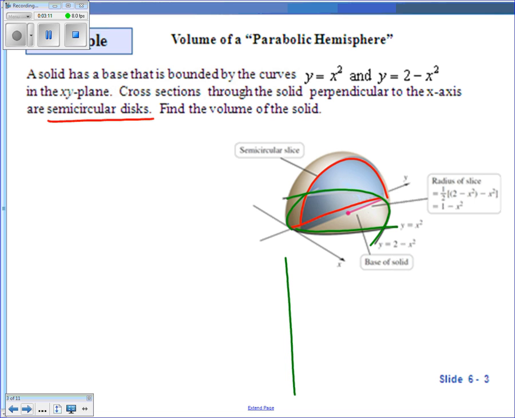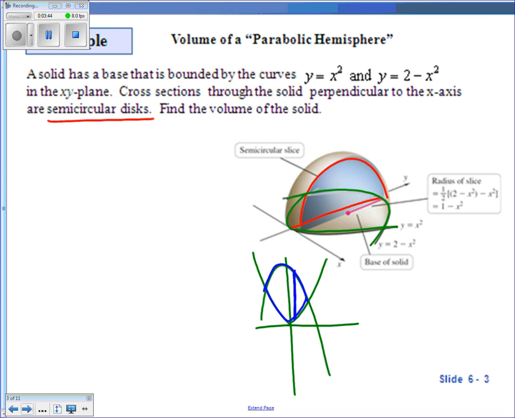So let me draw those a little bit so I can see it a little better here. Y equal x squared and 2 minus x squared. Okay, so this is the base of the solid. And I'm told if I slice it perpendicular to the x-axis, so slicing it this way, this will be the bottom, that one line that would go across the bottom of that solid.